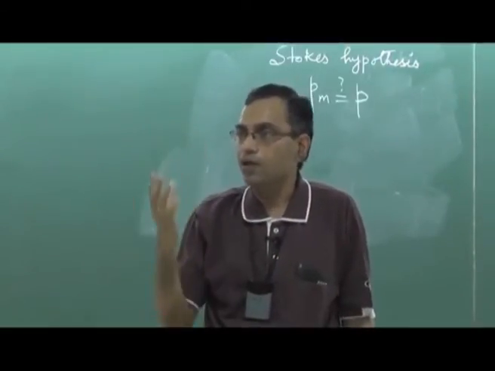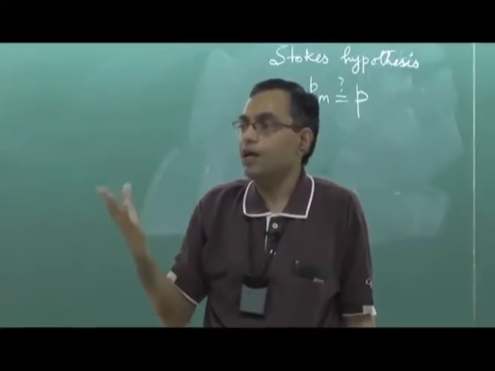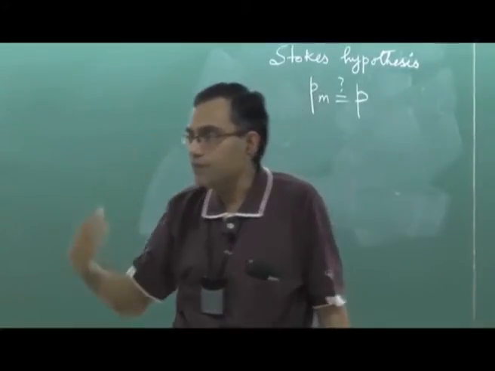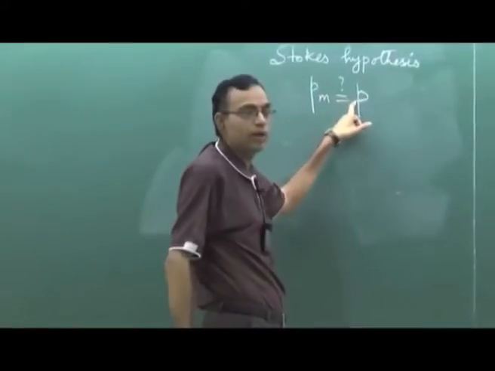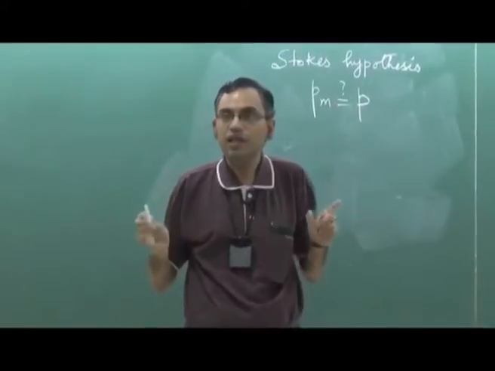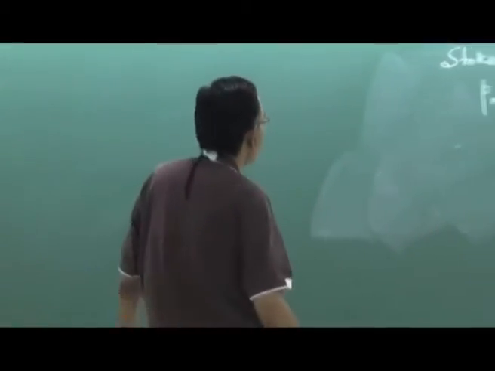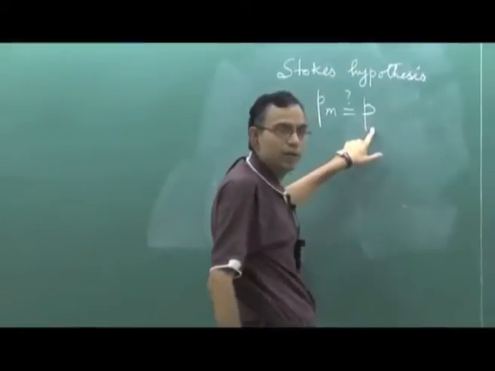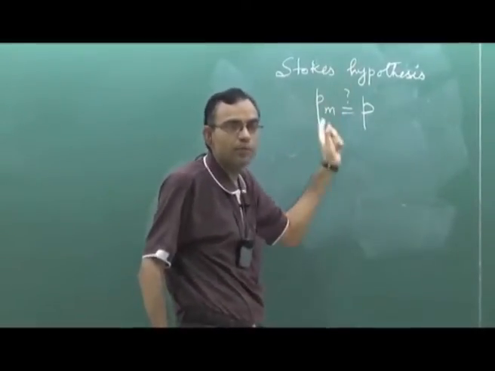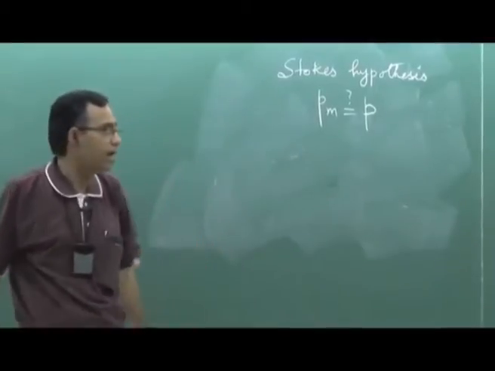So, if the time scale of the change is faster than its relaxation time scale, it cannot relax to a new state. In that case you do not have mechanical pressure equal to thermodynamic pressure. So, the Stokes hypothesis need not always be valid, but how often do we discuss such cases of very rapid change? Possibly very rarely. So, for almost all practical engineering purposes, mechanical pressure is equal to thermodynamic pressure, which is why the Stokes hypothesis is such a popular hypothesis.